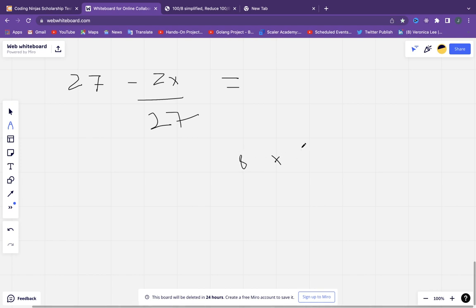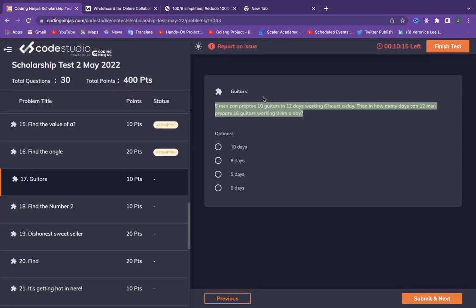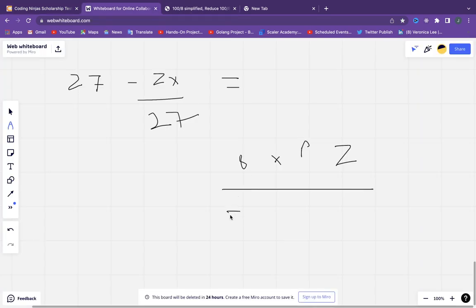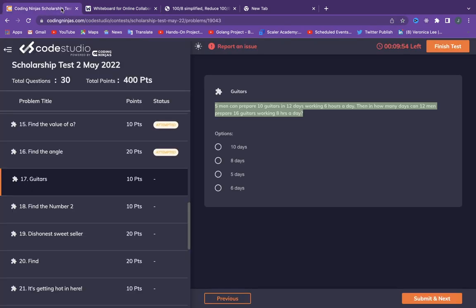So 8 into 12 divided by 5, 12 and 6. 12 would cut with this, so 6. So that would be 30 by 8 into, that was 18 by 10.